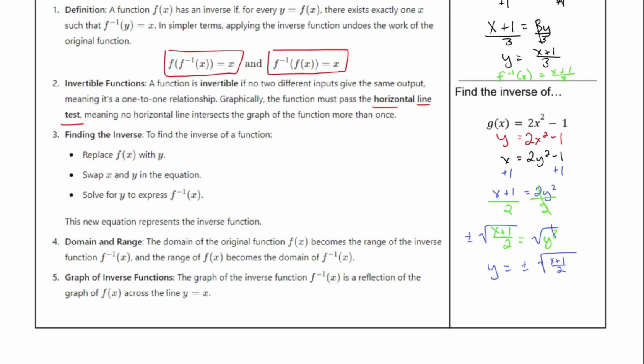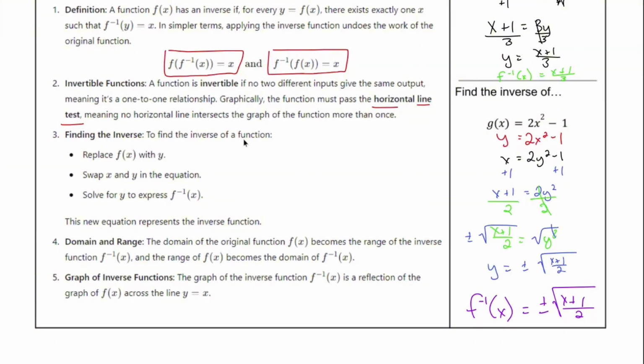And then replace that y with f inverse. So f inverse of x is going to be the positive or negative square root of x plus 1 over 2. So again, invertible, going back to this, because now we have a clear understanding.